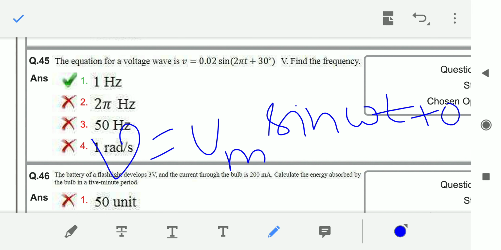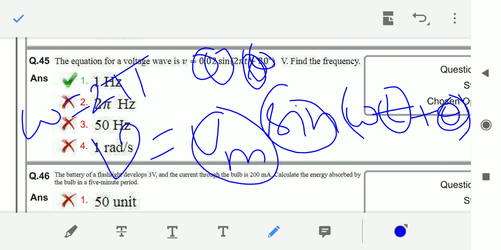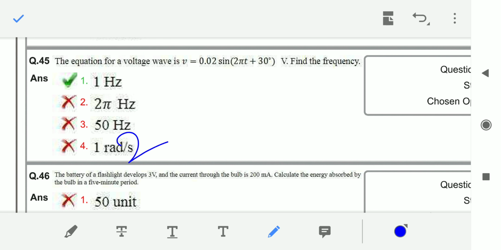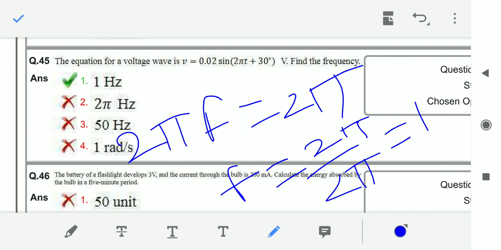Here in place of Vm there is 0.02, that means my maximum voltage is 0.02. For sine there is sine, for t there is t, and for theta there is 30 degrees. Whereas in place of omega we have only 2 pi. We know omega is equal to 2 pi f, so that is equal to the given 2 pi. Then the frequency is 2 pi divided by 2 pi, which is equal to 1. So the answer will be 1 hertz.